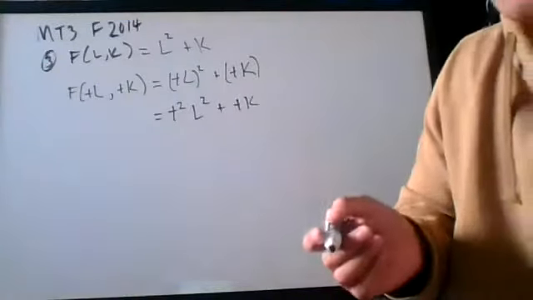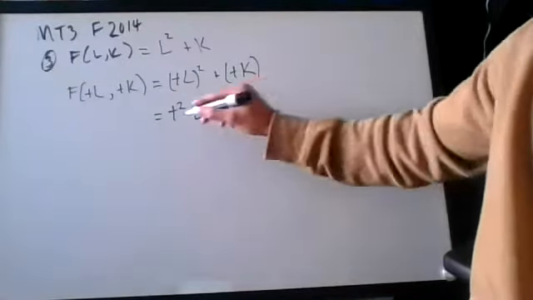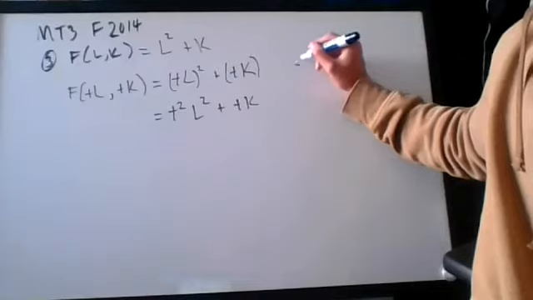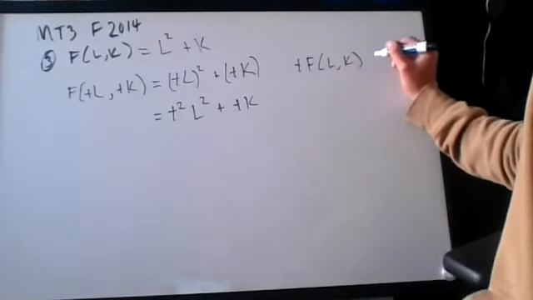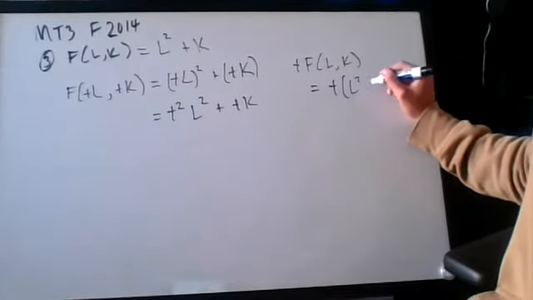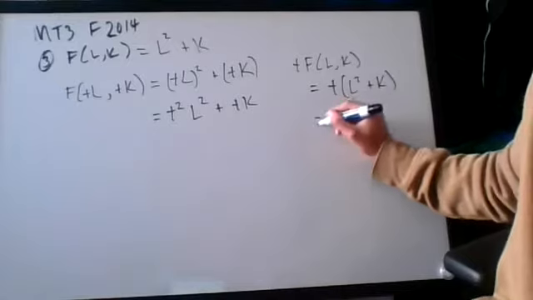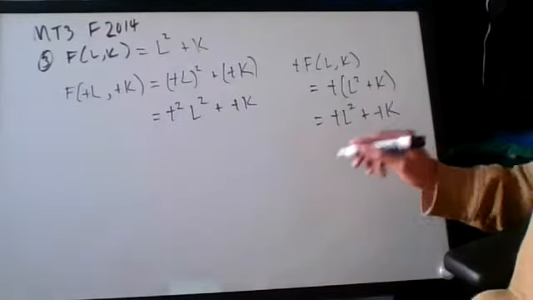What you want to compare it to is whether I just multiply it by t. So t times f(L, K) is equal to t times L squared plus K, which is equal to t L squared plus tK, right?